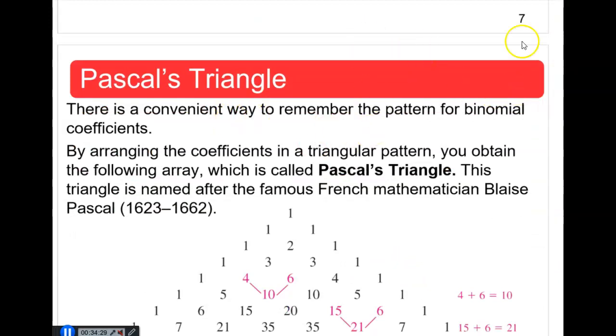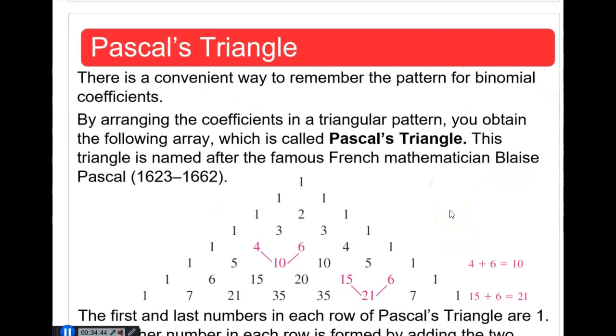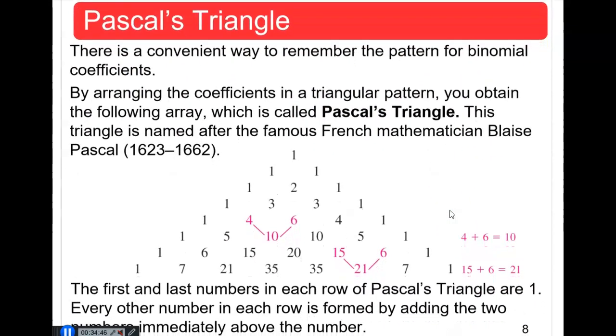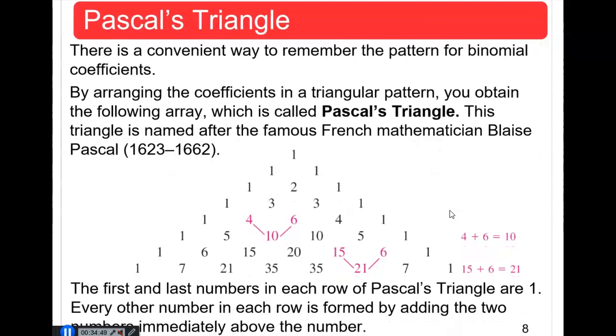Now let's move on to an easier thing, and this is called Pascal's triangle. It is named after the French mathematician who invented or discovered it, though it is said that people in China had a very similar version, so maybe he copied it off of them, but it is named after him.